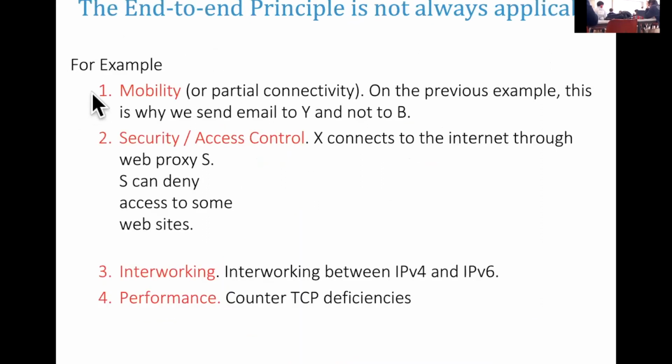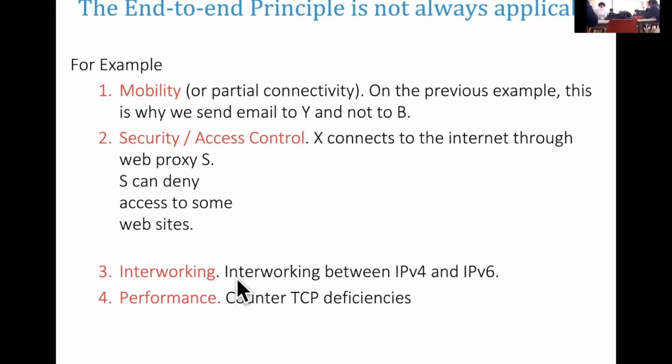So we see that the end-to-end principle is not always applicable. We will break this principle sometimes because of good reasons. One is mobility in the case of the emailing system, security access control in the case of firewalls, web proxy, performance, and internet networking.